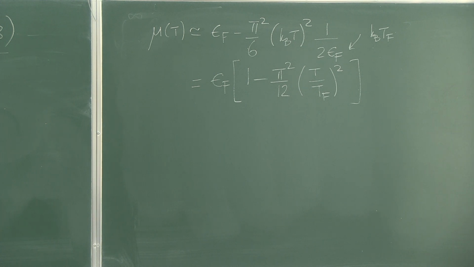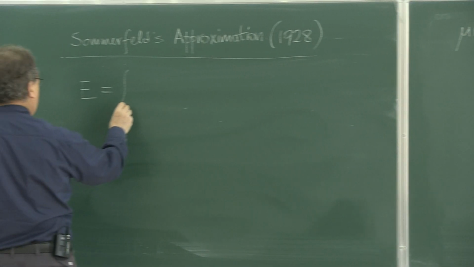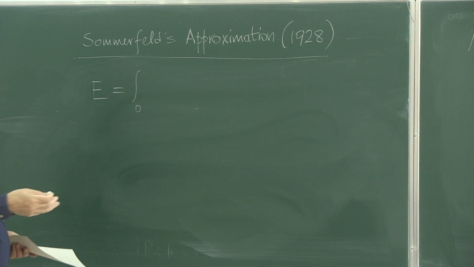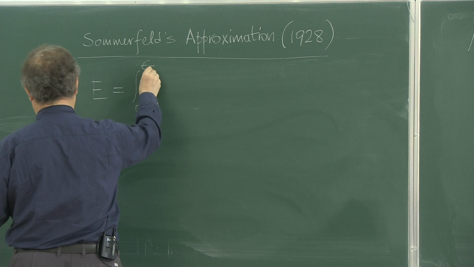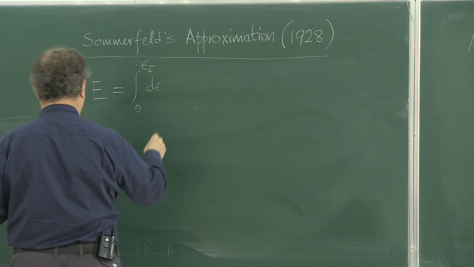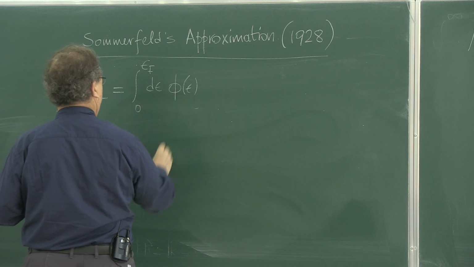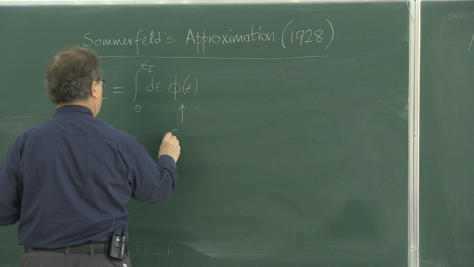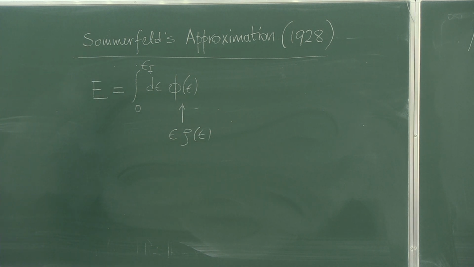Energy, average energy or internal energy can be written as, again, I divide the first term into 2, 0 to EF, dE phi E. Phi E now is E times rho E, that's those states, isn't it?